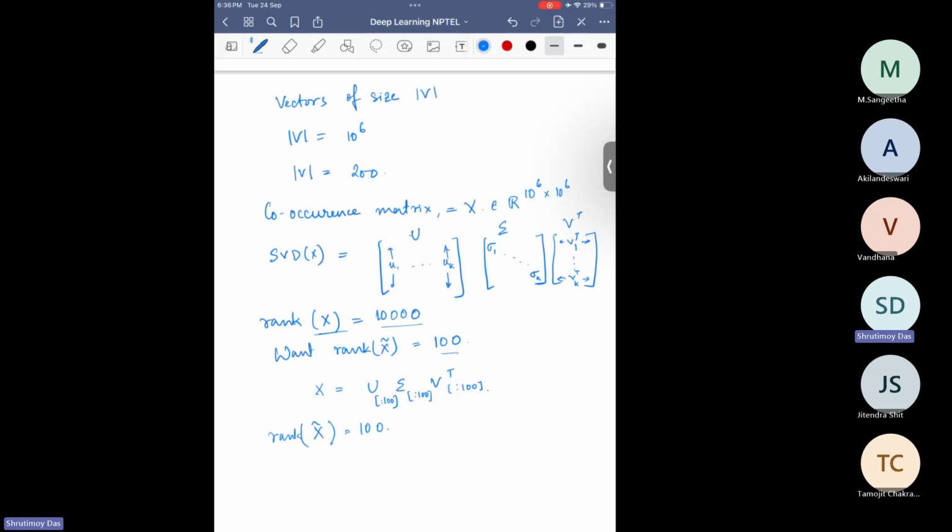So you do an SVD of X, and you take the first 100 columns of U, the first 100 singular values of sigma, and the first 100 rows of V transpose. Then using this you will get some X tilde whose rank is 100. This is called a rank 100, or rank k, approximation.